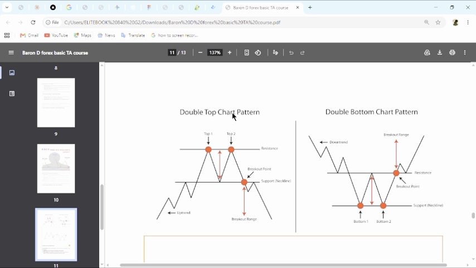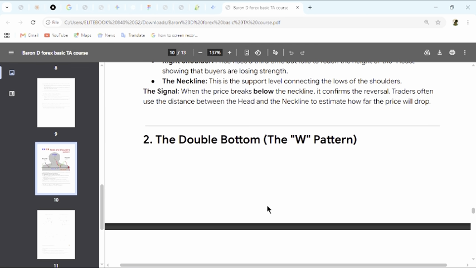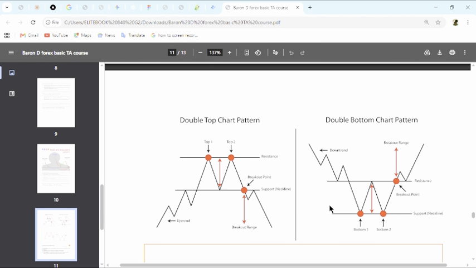So we have a double top chart. Instead of seeing it at the bottom like this, where the topic says double bottom, on the bottom part of the chart, the sell side or the support level, you see it at the resistance level. If you draw your resistance line, it has to touch twice. That creates an automatic double top.